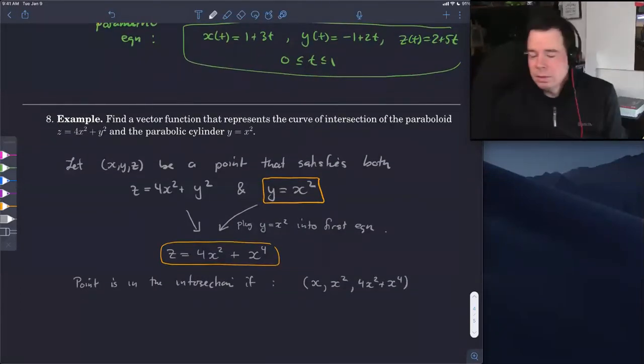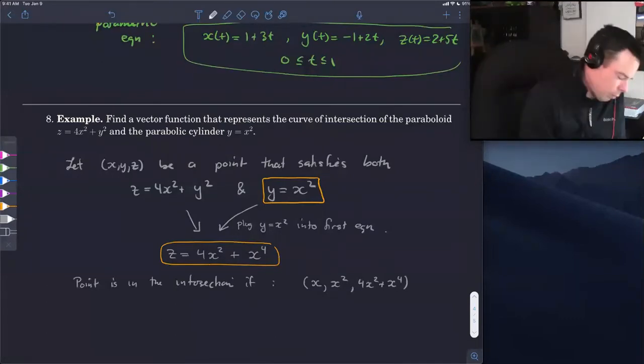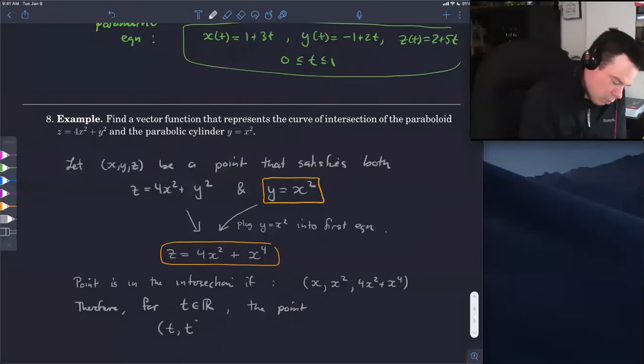And so that tells us that any point on the intersection has to be of the form (x, x squared, 4x squared plus x to the fourth). So what we have, therefore, for t in R, is the point (t, t squared, 4t squared plus t to the fourth).